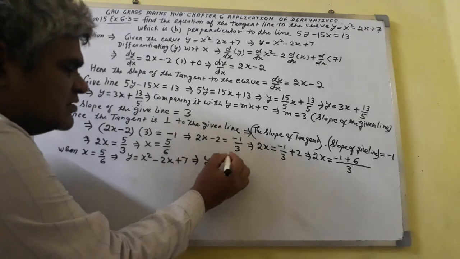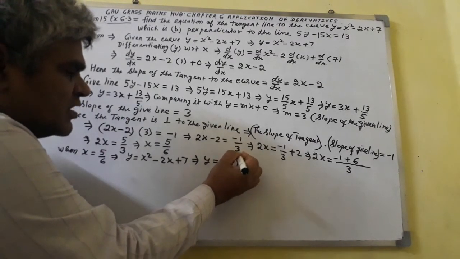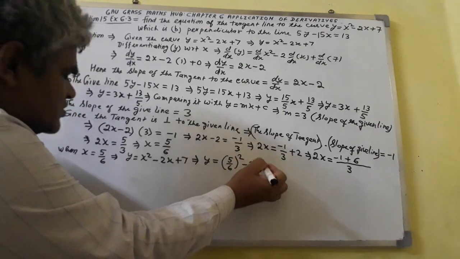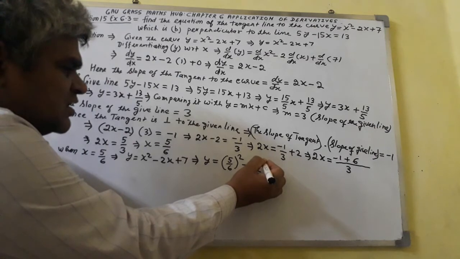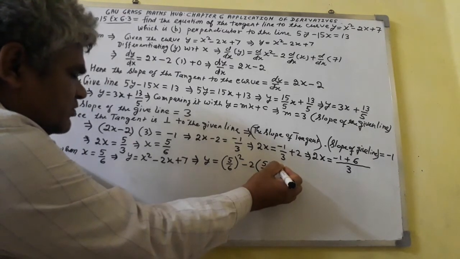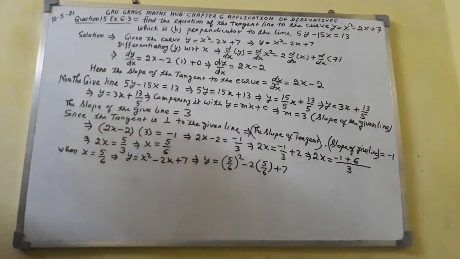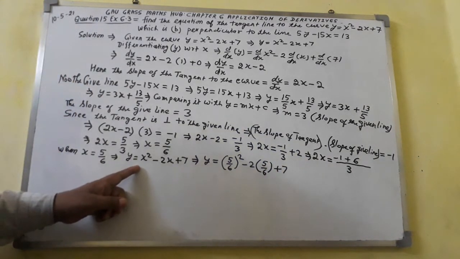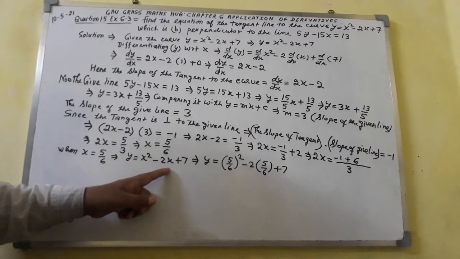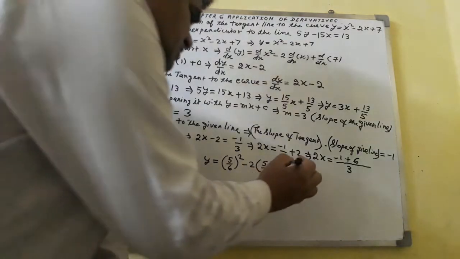So here write 5 over 6 whole square minus 2 times 5 over 6 plus 7. Y equal to 5 over 6 whole square minus 2 dot 5 over 6 plus 7 we shall get. So here just simplify this one.